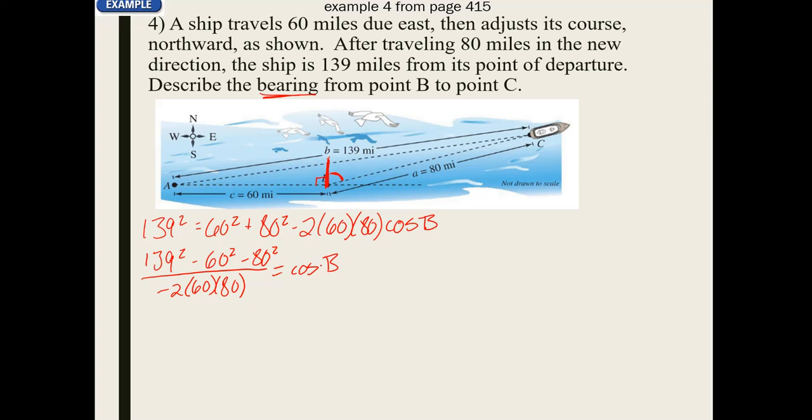Again, I would recommend using the stacked fraction, and then you'll get a decimal, and then you'll do the inverse cosine. And so angle B is going to end up being 166.15 degrees.